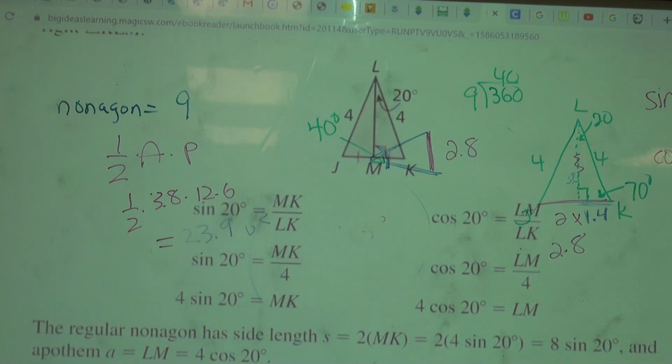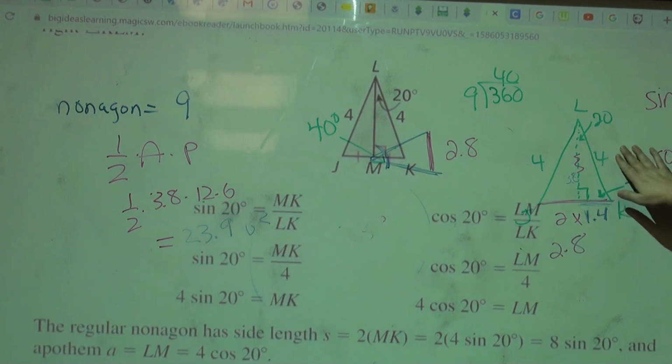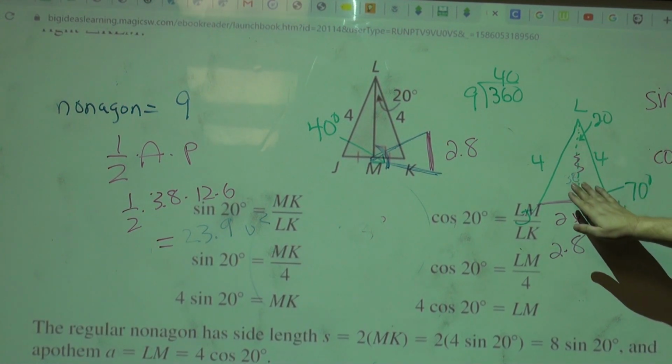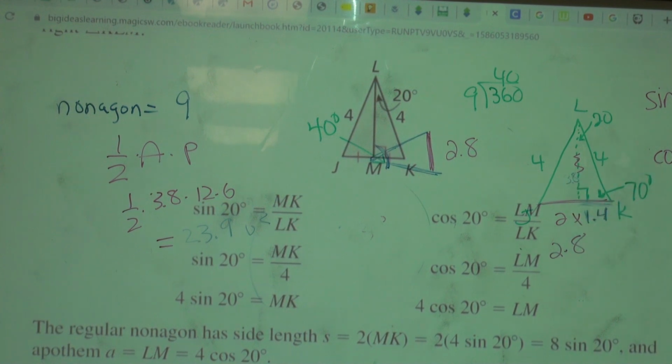I don't know, I've got to look it over. Sine of 20 equals x over 4. And the cosine of 20 equals x over 4. Because the answer down here says 46.3, which is about double what I got.